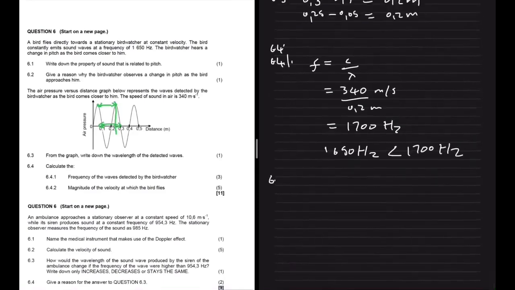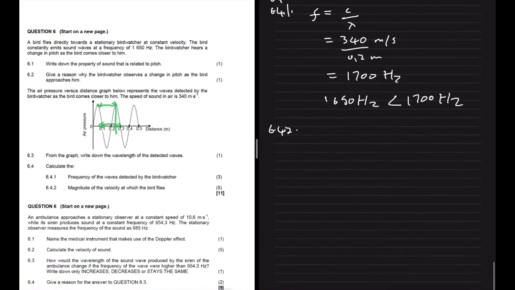Moving to the next question, 6.4.2. It says magnitude of the velocity at which the bird flies. We have frequency, we have the speed of sound in air, we have the wavelength. So the formula we're going to use is the Doppler effect formula, right?